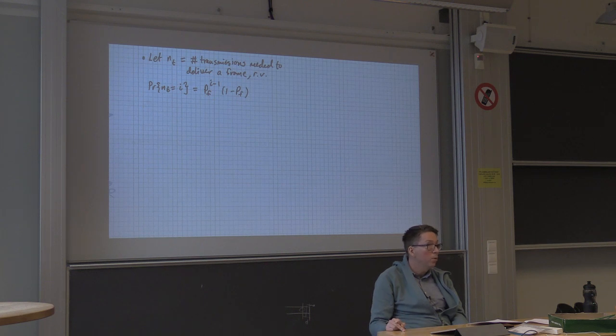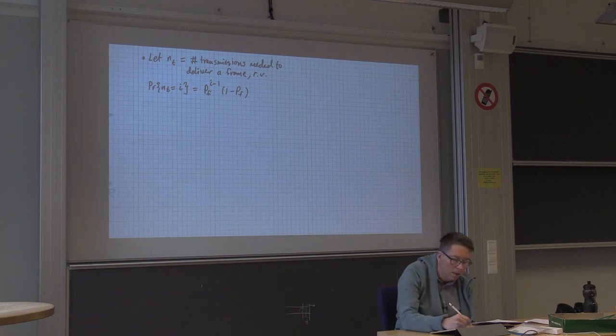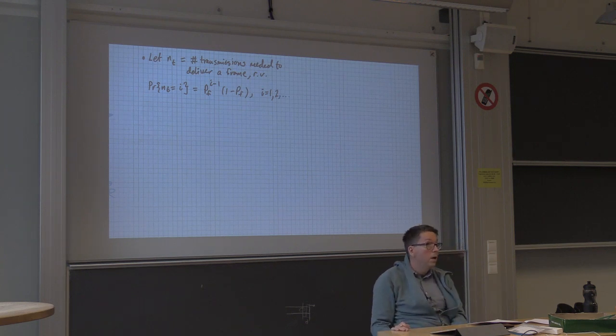So this is the probability that n_t takes on the value i, exactly i. Does it make sense? And we can calculate this for i equals 1 when the first frame goes through, 2 when it takes 2 transmissions, so 1 failure, 1 success. And then we can keep on doing this for any i greater than 1.